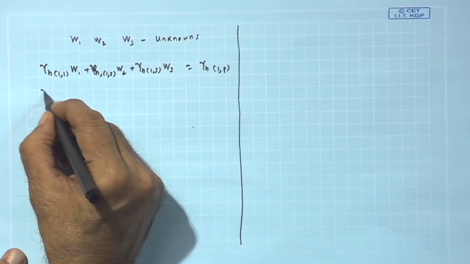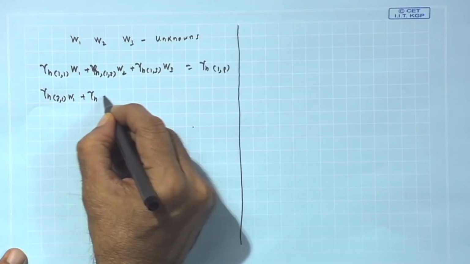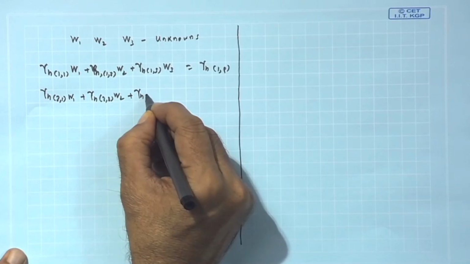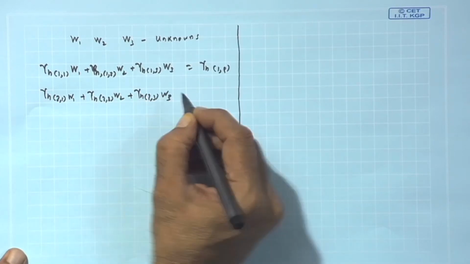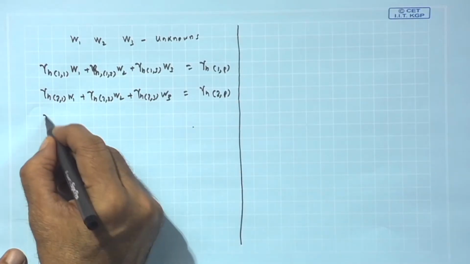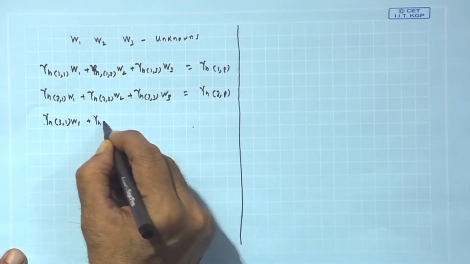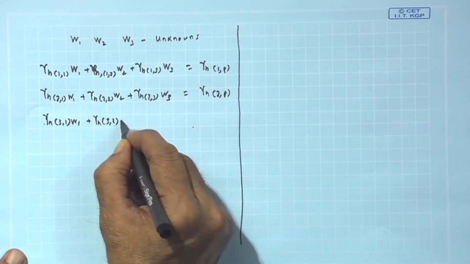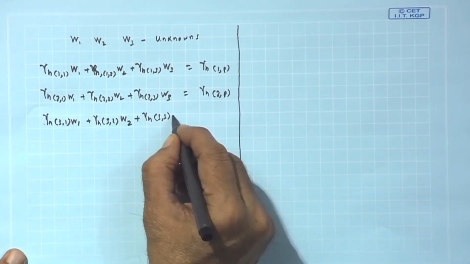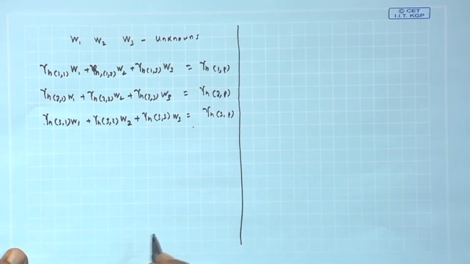So here again, gamma h21 W1 plus gamma h22 W2 plus gamma h23 W3 is equal to gamma h2p.